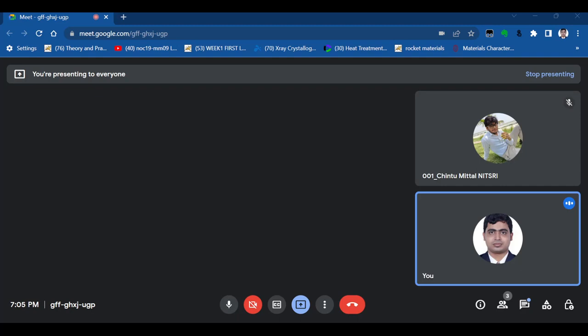If we take a tie line here, for this composition, suppose 53 weight%, the composition of liquid will be this, composition of solid will be this. Is it clear? Yes, sir.